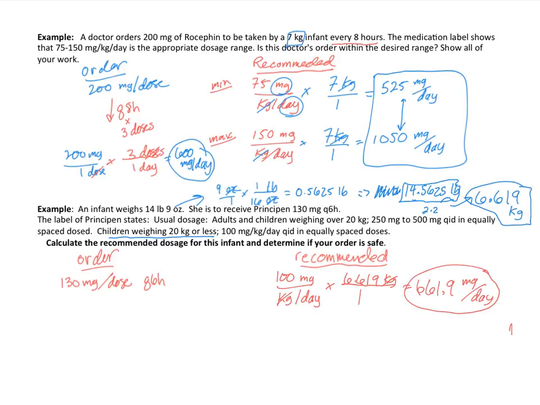However, the order would be 130 milligrams per dose every 6 hours. So we know that this is 4 times a day. So 4 doses of 130 milligrams per day. The big picture here is I'm trying to convert milligrams per dose into milligrams per day, and the reason why is I need to compare that to the recommended.